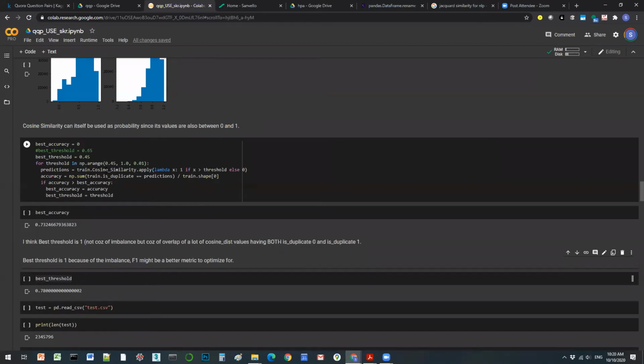Remember, this is the training set, so you have the ground truth as well. And therefore, you know how accurate your predictions are when your threshold is set to each of these values. And then you record each accuracy and you capture the best accuracy and the threshold for the best accuracy.